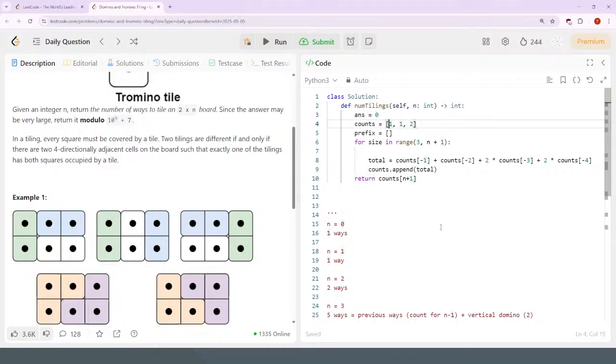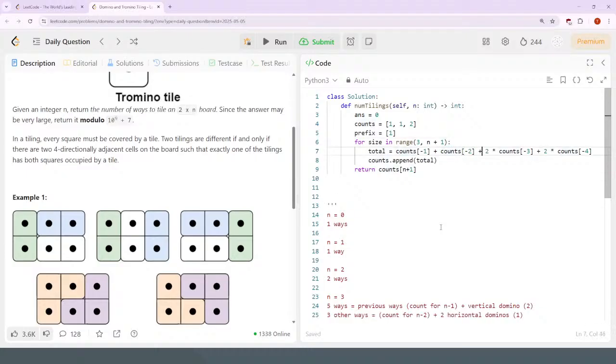So 1 is for 0, prefix sum is going to be 1, and this is the sum of everything before the last 2. So this is just going to be 1.